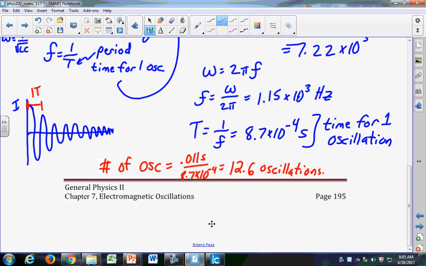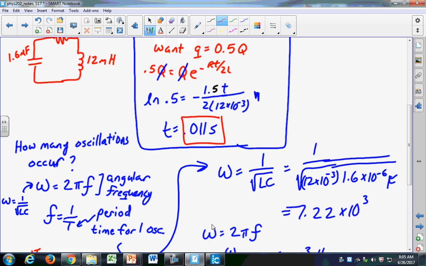So it's midway between 12 and 13 oscillations. You can count them out: 1, 2, 3, 4, 5, 6, 7, all the way down to 12, halfway between 12 and 13. So that would be the number of oscillations that you get to half the current, or excuse me, half the charge on the capacitor.